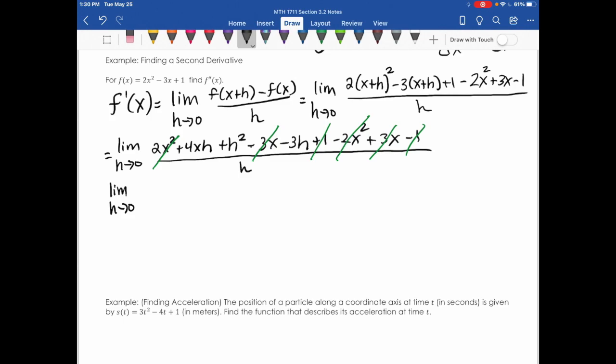So a lot of things start dropping off as long as you make sure you distribute your negative correctly. It should drop off. All right, so what we're left with is 4xh plus h squared minus 3h all over h.